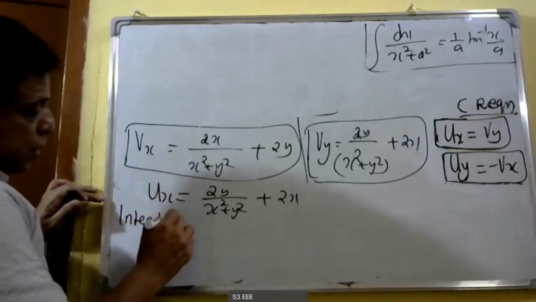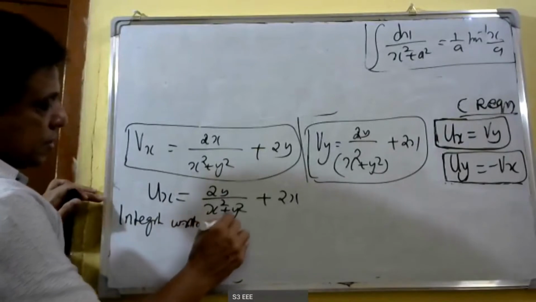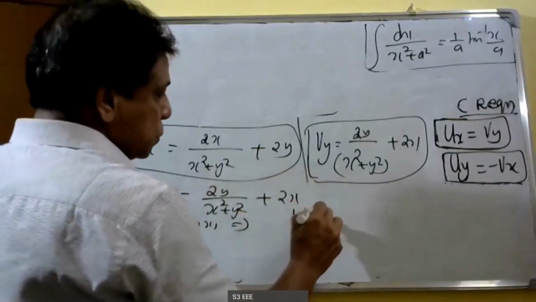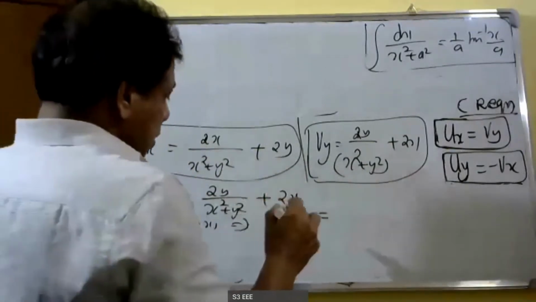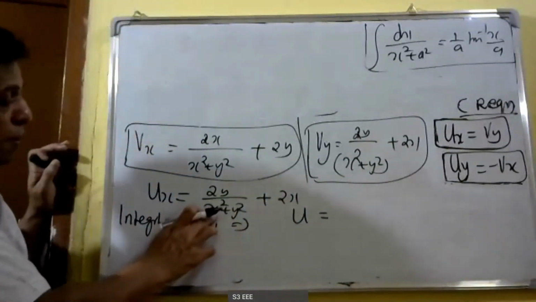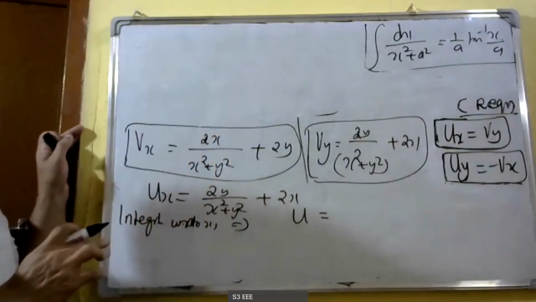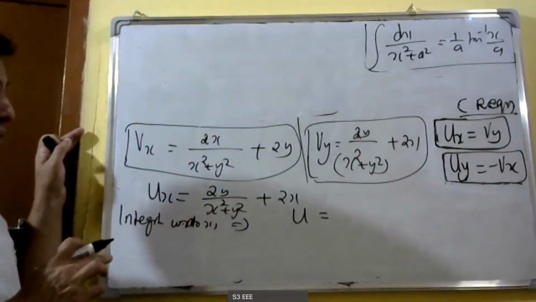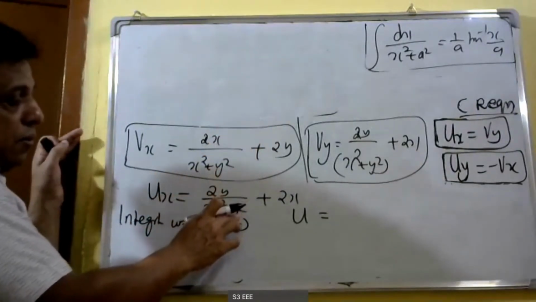Integrating with respect to x, u = ∫ 2y/(x² + y²) dx + ∫ 2x dx. We know that the integral of dx/(x² + a²) is (1/a) tan⁻¹(x/a). Here a = y.